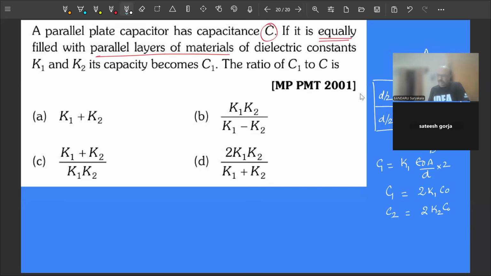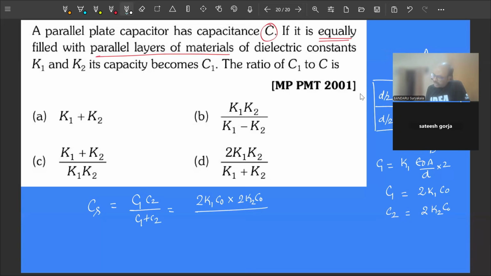Series formula we have CS equals C1 C2 by C1 plus C2. So C1 is 2K1 into C0, C2 is 2K2 into C0.